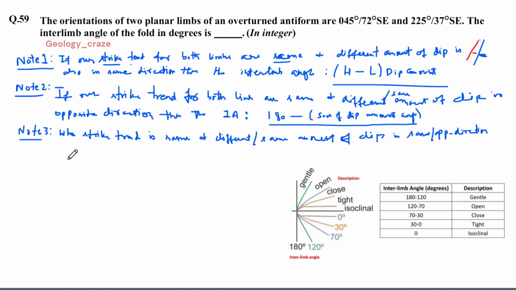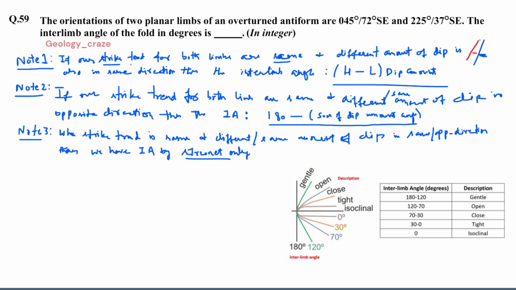Then we have to calculate our interlimb angle by stereonet only. Don't apply this, at that time you will get wrong answer.